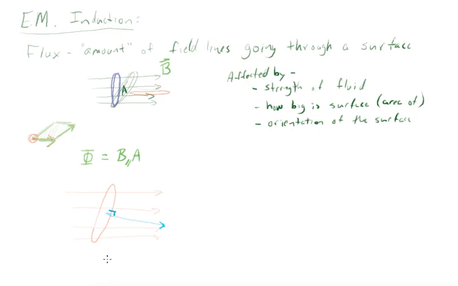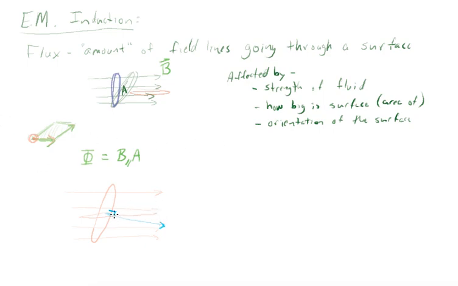And then what you want is the component of the magnetic field that's parallel to that. So let me draw another field line in here. I can't draw very well today, I apologize.